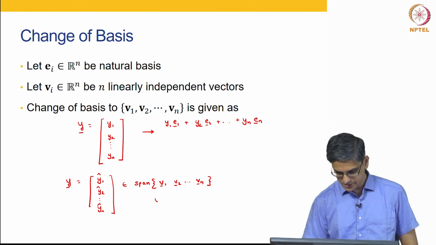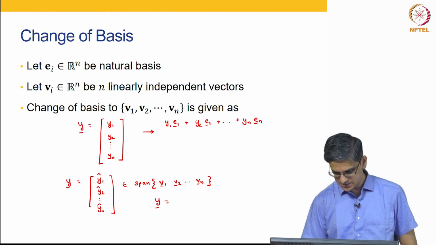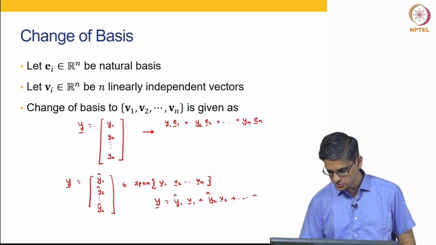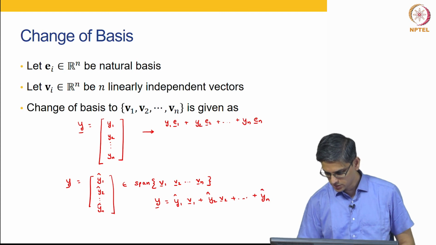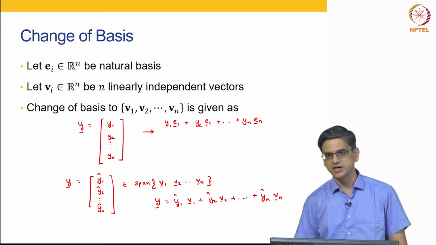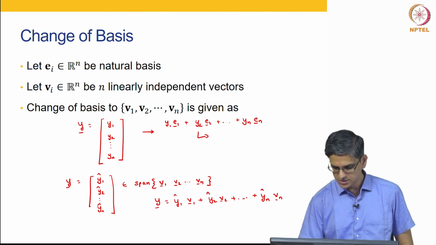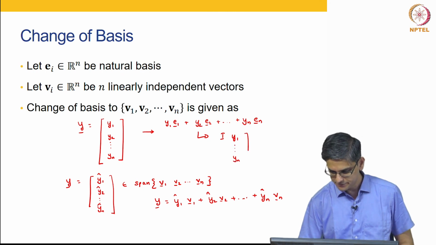That basically means y bar is represented as y1 hat multiplied by v1 bar, plus y2 hat multiplied by v2 bar, and so on up to yn hat multiplied by vn bar. This is nothing but the identity multiplied by y1 to yn.